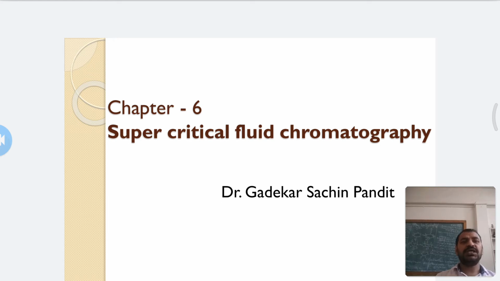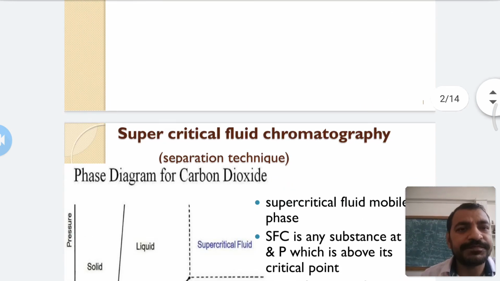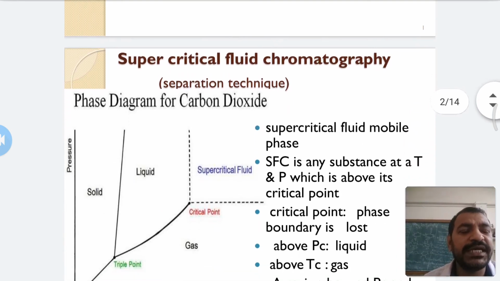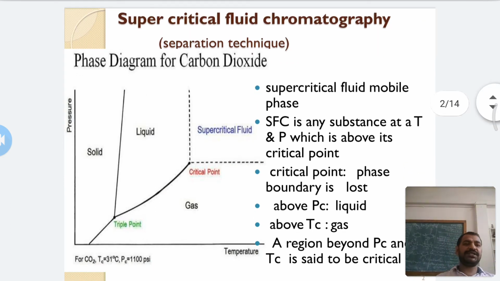In this chromatography we use a supercritical fluid. First, what is chromatography? It is a separation technique, and in it we use a column. In these columns we use a stationary phase and a mobile phase.